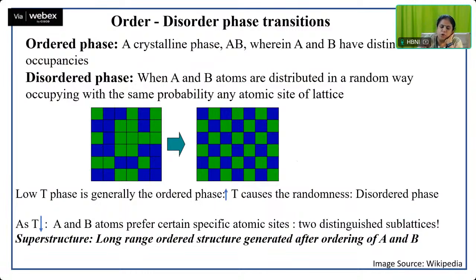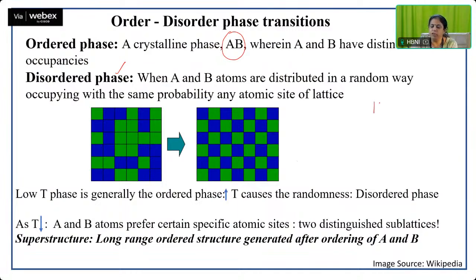However, for the same composition AB, if it is a disordered phase, for each lattice site I will not be able to say with surety whether that is occupied by A or B. I would say that the probability of that site being occupied by A is 50%, or the probability of that site being occupied by B is also equal. That means that A and B are randomized over the entire structure, and that is what I call the disordered phase.